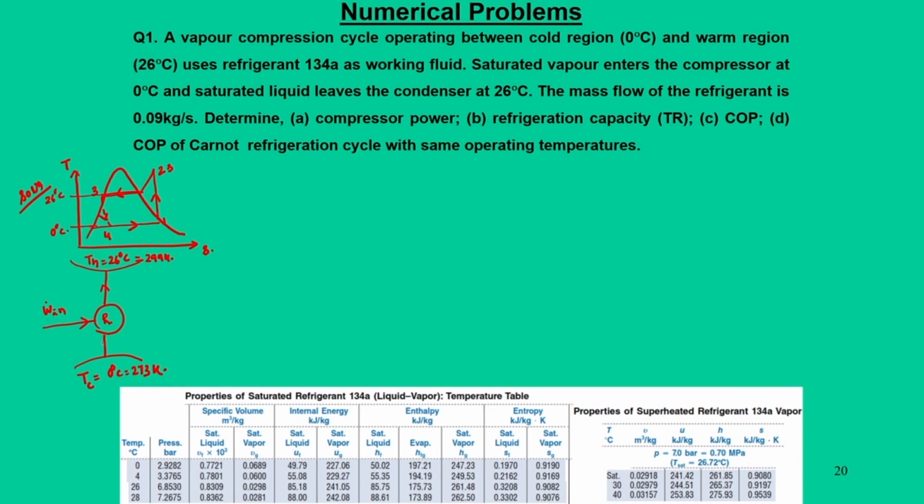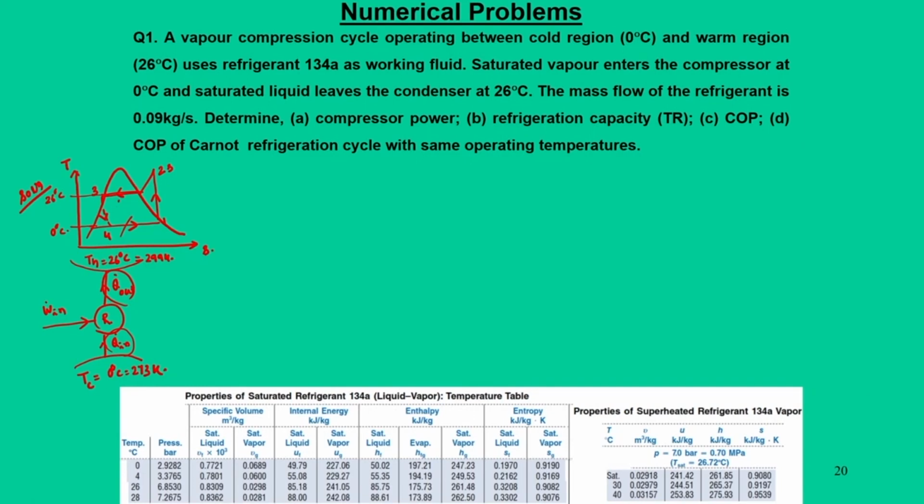So, we take Q dot in and Q dot out, where Q dot out is nothing but your condenser load, and Q dot in is nothing but your evaporator load. So, these things are given to us.